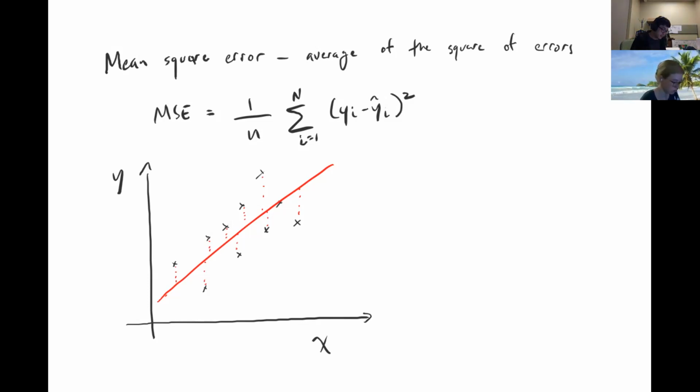And so let's just suppose that we take out these two x's. Okay, and so the red line is still, let's suppose, that fit is meant for all of the other x's, and that it was not trained on these two blue dots.